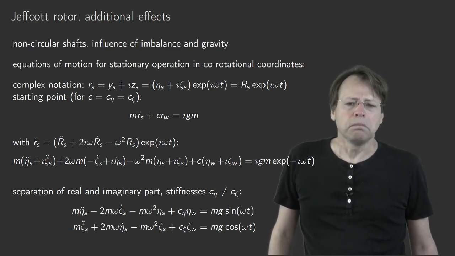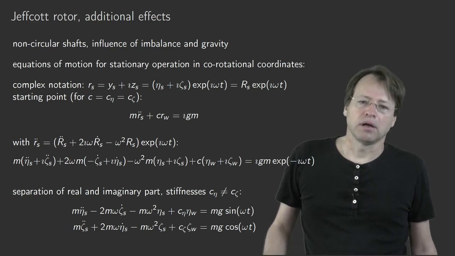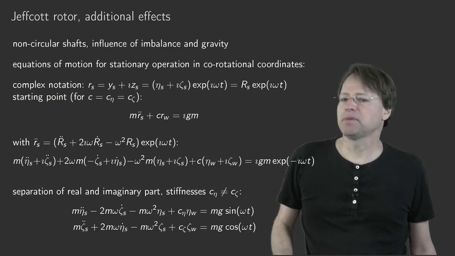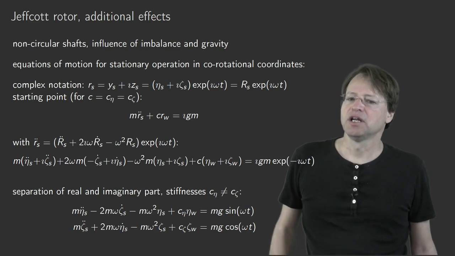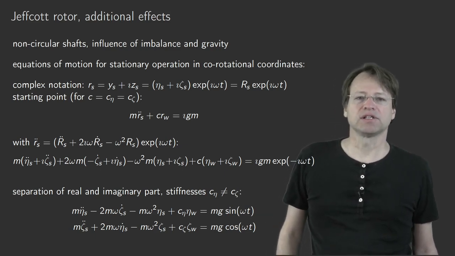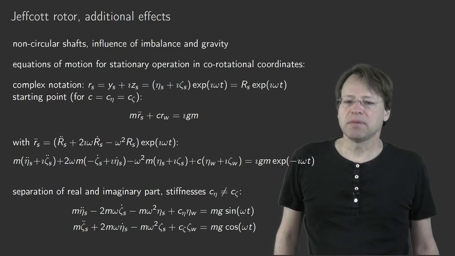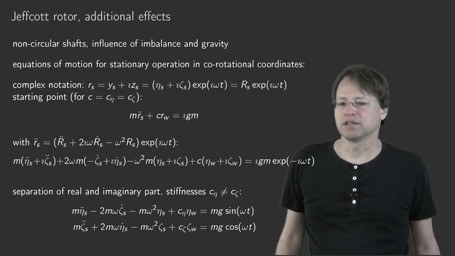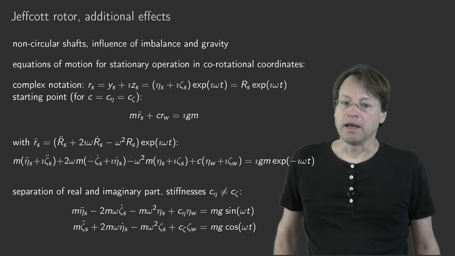And you might think, but where is the excitation by the imbalance? I can see an excitation by the gravity, which is new, which was not included in the classical Jeffcott rotor, but I can't find my excitation due to the imbalance. Well, we are not yet there.